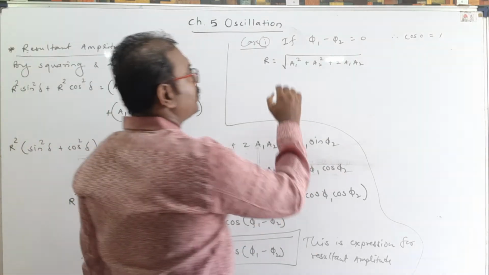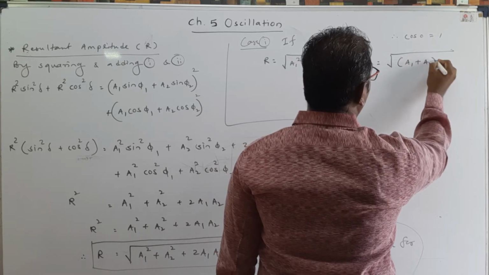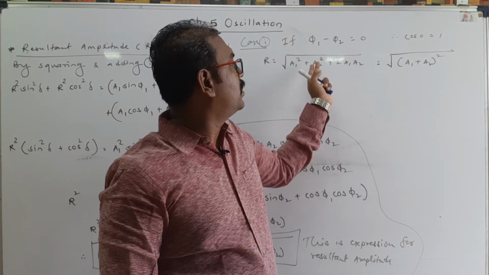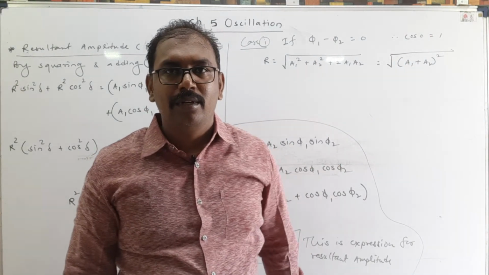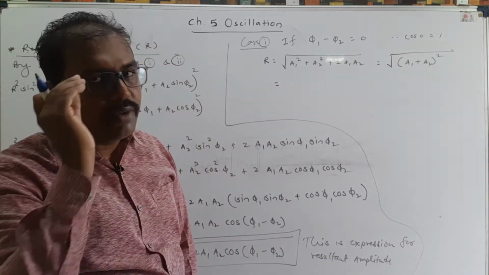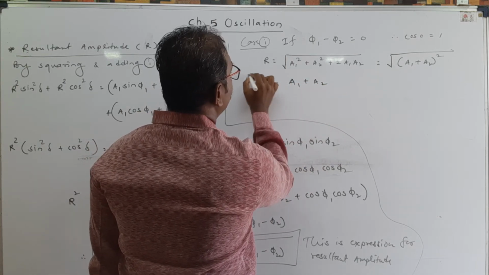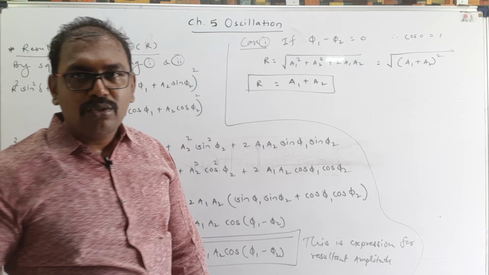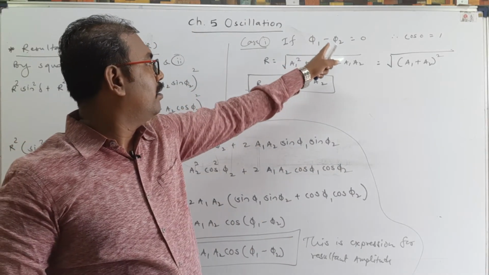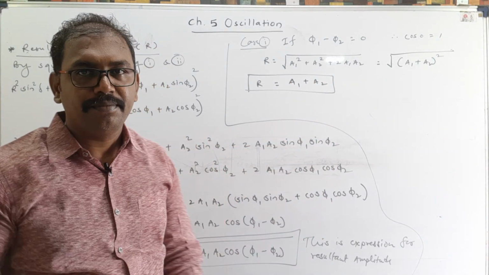Then we can write the same as a1 plus a2 bracket square. You know that a1 square plus a2 square plus twice a1 a2 is the expansion of a1 plus a2 bracket square. Now under root a1 plus a2 bracket square, we can write a1 plus a2. So this is the resultant amplitude. It means when the two SHMs are in same phase, their resultant amplitude is the addition of their individual amplitudes.